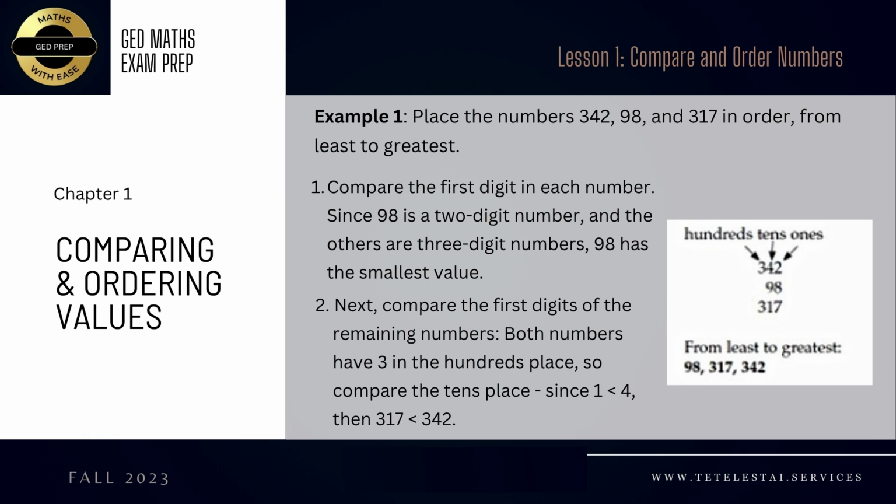Both numbers have 3 in the hundreds place. So you then move to the tens place, and 317 has a 1 in the tens place, and 342 has a 4 in the tens place. And since 4 is greater than 1, you determine that 342 is greater than 317. So from least to greatest, we have 98, 317, and 342.